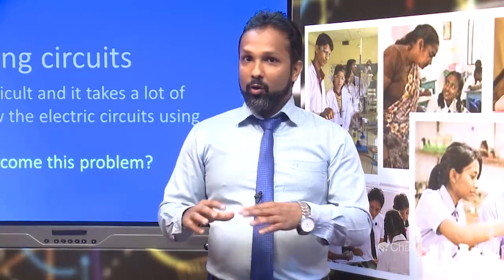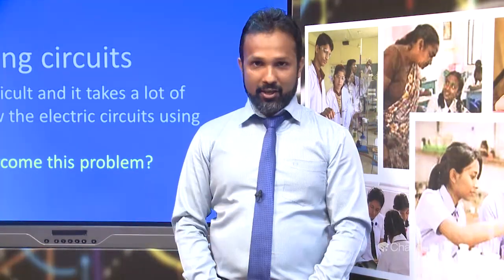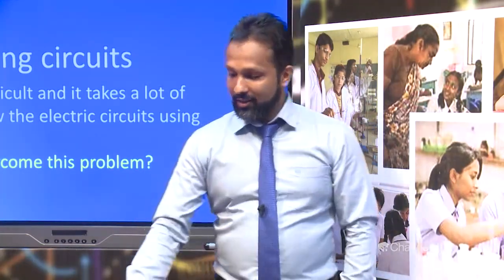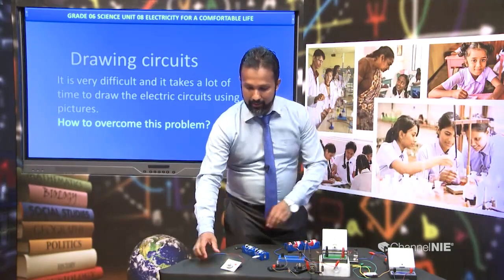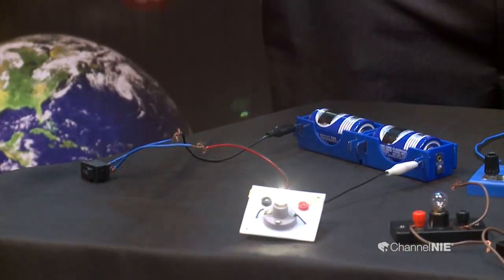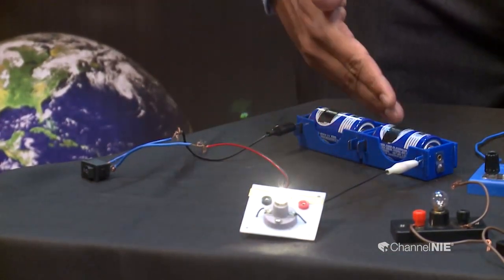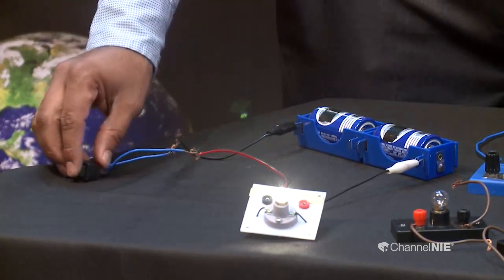Now, I am going to focus your attention again on the previous circuit. Look at this circuit, my dear children. This circuit consists of, as you know, a bulb, connecting wires, dry cells, and a switch.